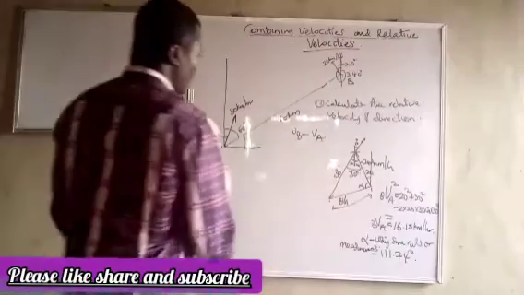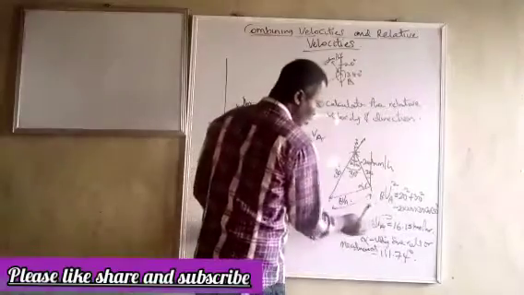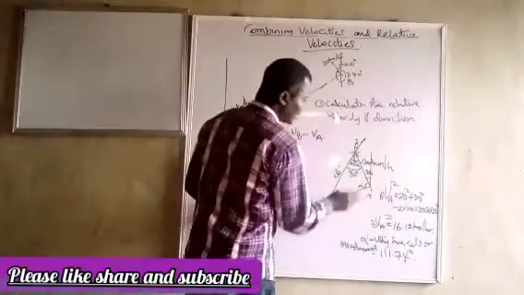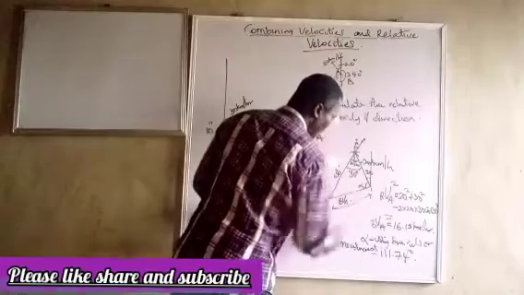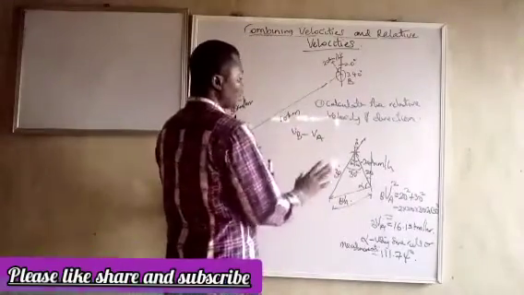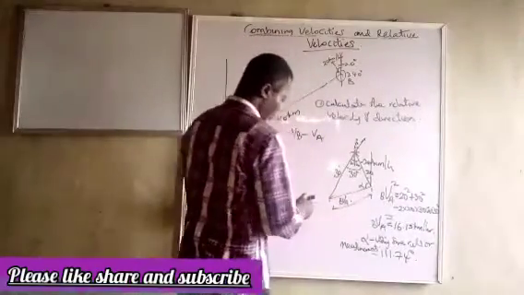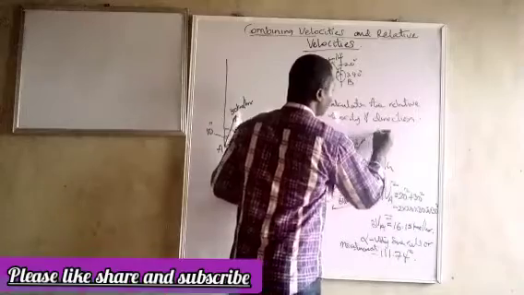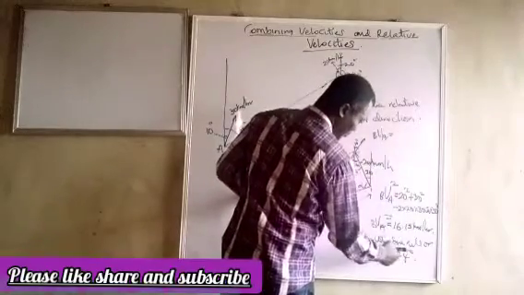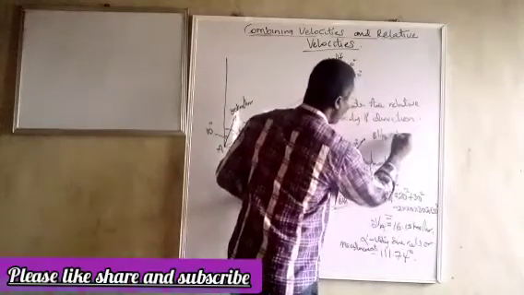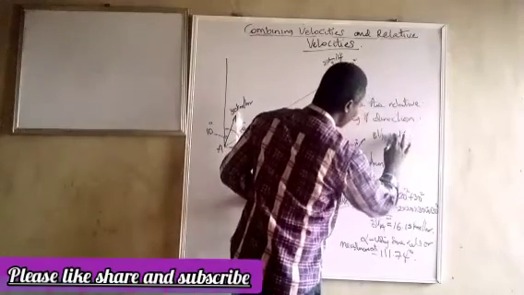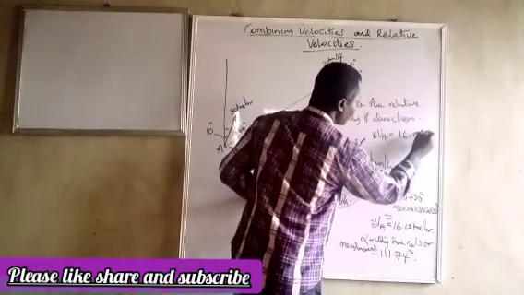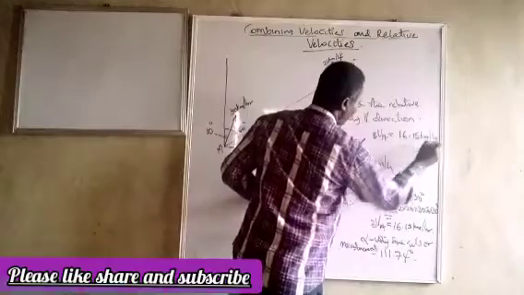Now, either by measurement or calculation, you will easily get this alpha here, so that we'll be able to get the direction of our relative velocity. Once you have gotten that one, you keep the record. You've gotten BVA to be 16.15 kilometers per hour.